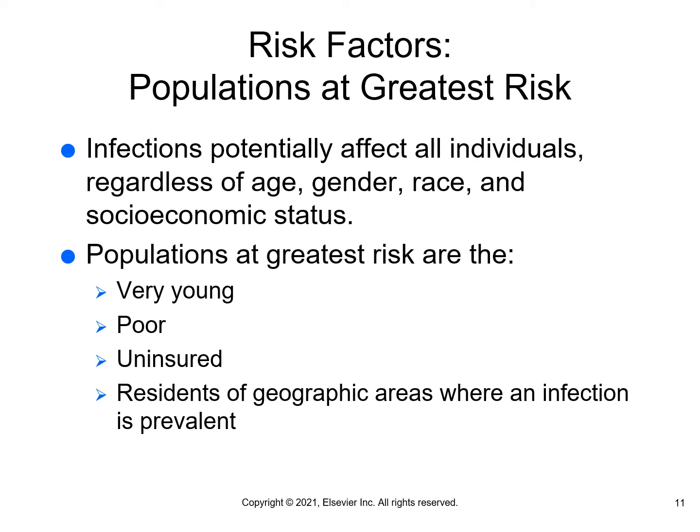Risk factors are really similar to the risk factors in the inflammation. You have those certain things that put a person at higher risk. That's a very young and probably the very old, but poor, uninsured, certain geographic areas, and that comes from the infrastructure as well.